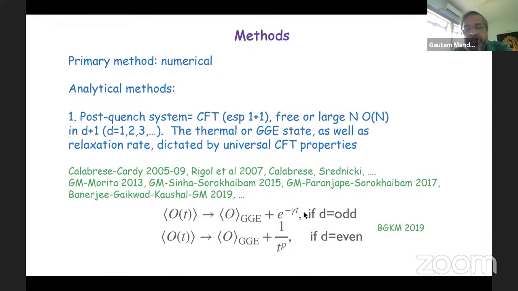So the relaxation is exponential like this. And if the number of space dimensions is even, then it goes like a power law. This is something that we have been able to show in free quantum field theories like a mass quench, or in some cases we're able to show this in O(N) models.